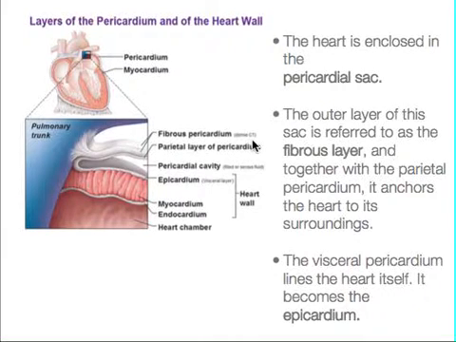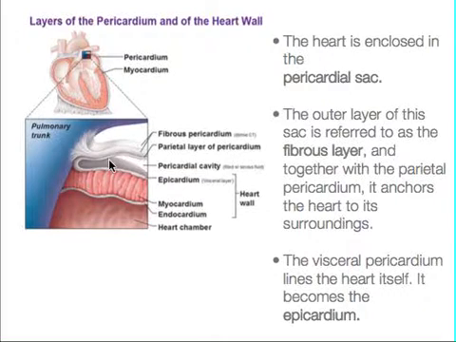The outer layer of this bag is a fibrous part, anchoring the heart into its surroundings. Then we also have an inner part, the parietal layer of the pericardium, which is the outer part of that serous membrane system.